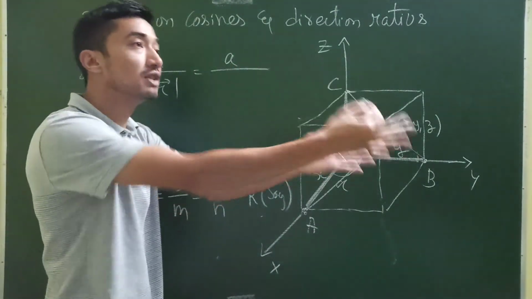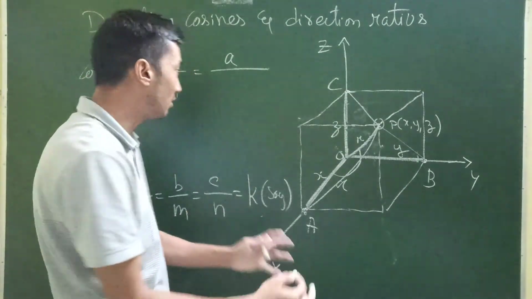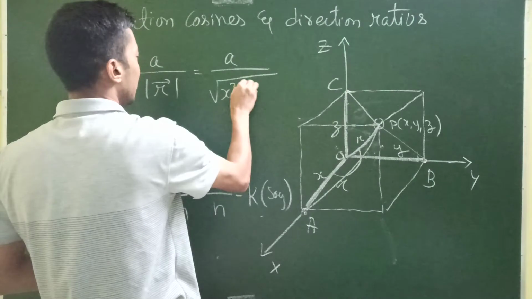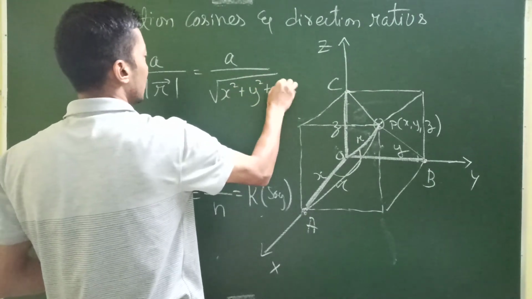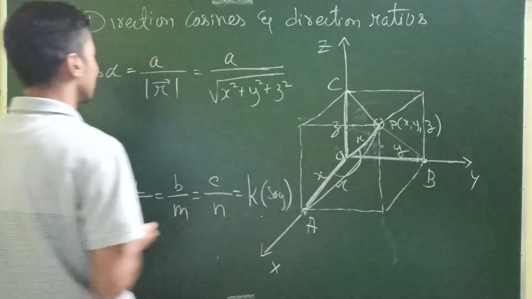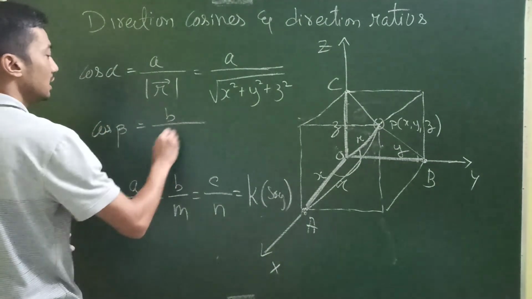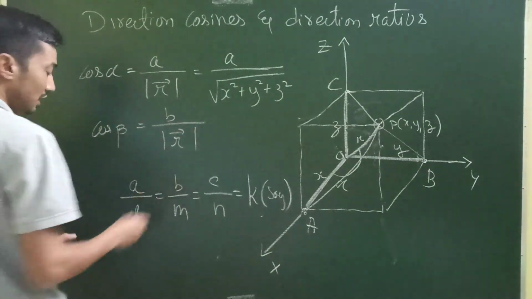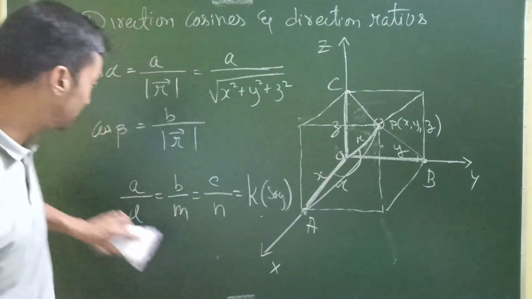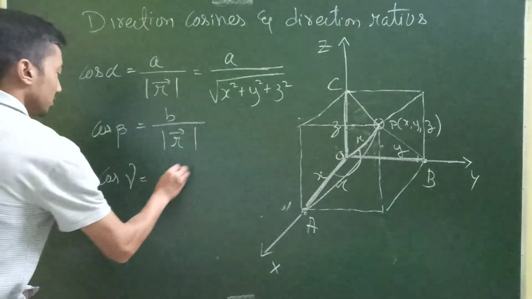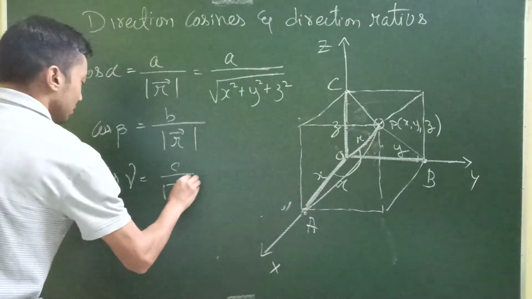So with the help of direction ratios, you can find out the direction cosines also. And R will be, if the point P is x, y, z, its magnitude will be the square root of x square plus y square plus z square. Similarly, cos beta will be B by magnitude of vector R. And then cos gamma will be equal to C by magnitude of vector R.